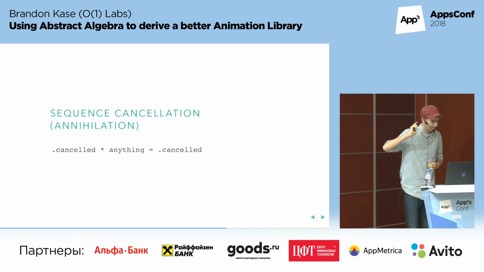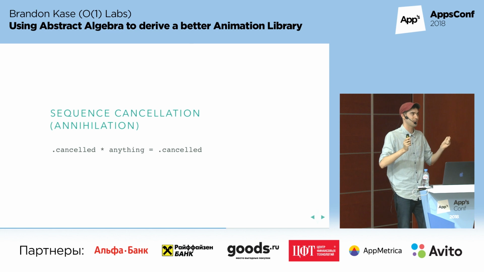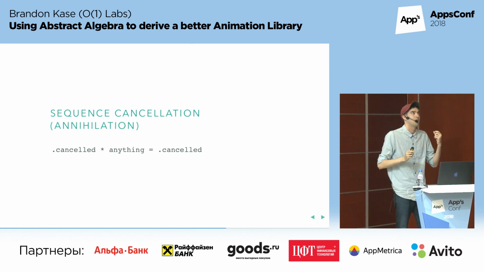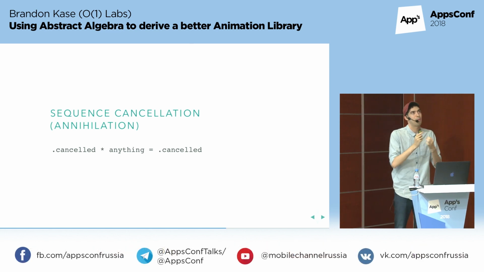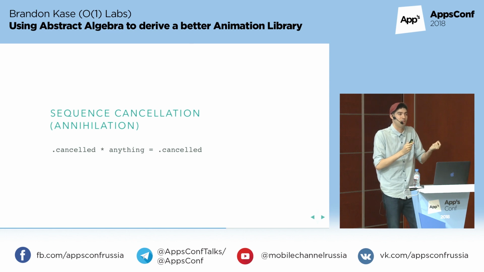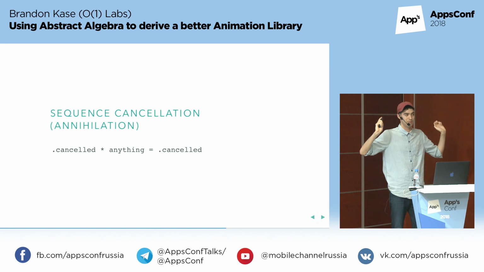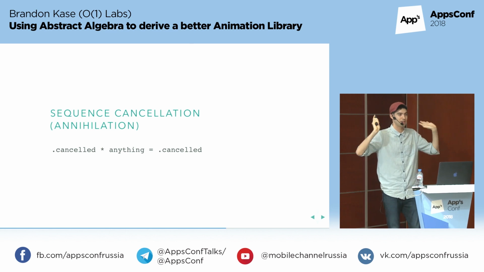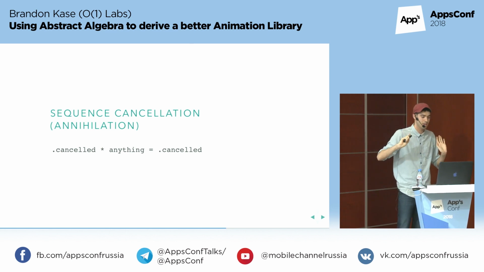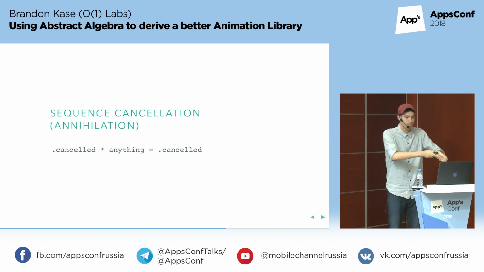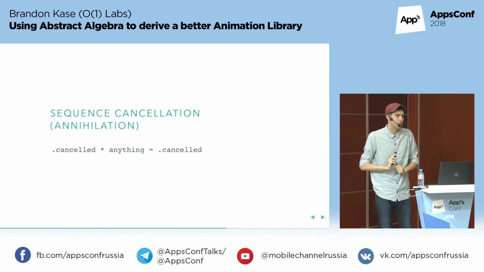Cancellation. Well, we can ask ourselves again, is there something that when I combine it in sequence, I can get back just this special thing? And I think there is. Let's say we have a canceled animation. It's just a magic value that I'm making up out of thin air. But let's say it existed. And its behavior is such that if I have canceled and I multiply with anything, I get back canceled. Okay? Why do you want this?